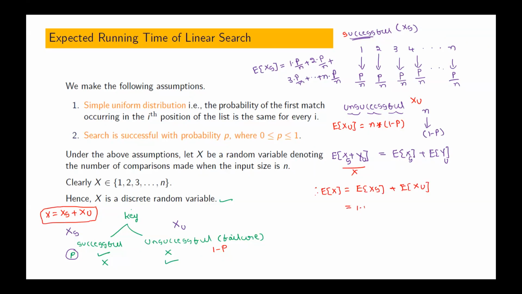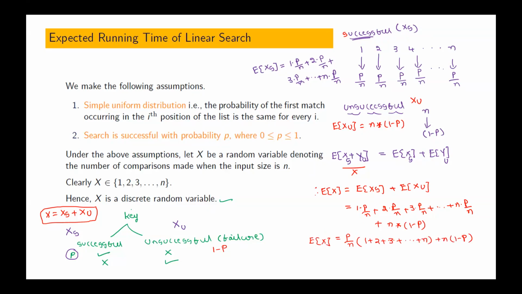What is this value? 1 into P by n plus 2 into P by n plus 3 into P by n and so on, plus n into P by n, plus the unsuccessful case, the corresponding value, n into 1 minus P. Now, if we simplify, in the first part P by n we can take common, and 1 plus 2 plus 3 and so on up to n we get. And the second part, n into 1 minus P. Is that okay? This is expectation of X.